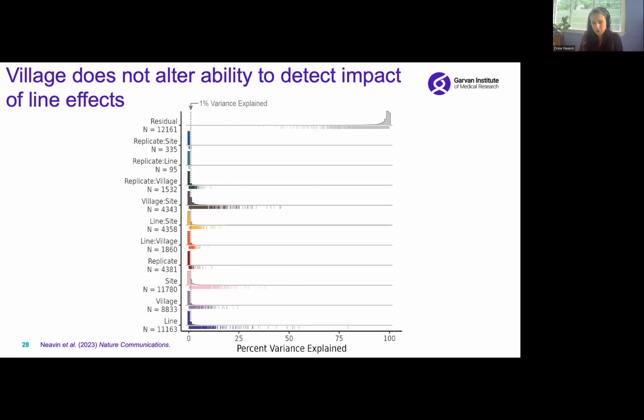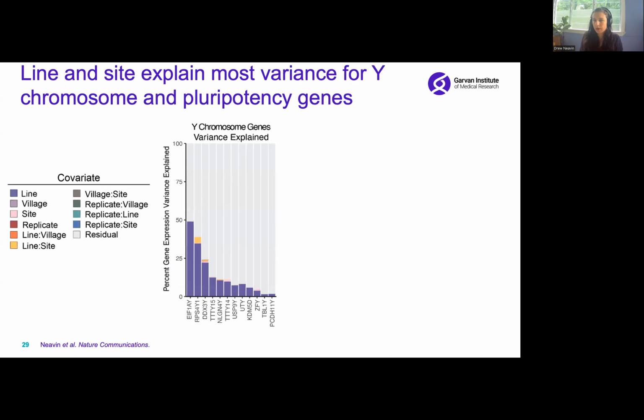And so one of the first things we did was look at the proportion of variance that we could explain for Y chromosome genes. The reason we did this is it's effectively a positive control. We have 1 and then 2 that were derived from female donors. And so we would expect the line to be the larger proportion of the variance that's explained for Y chromosome genes. And that is indeed what we see here.